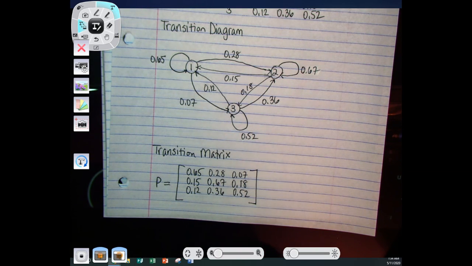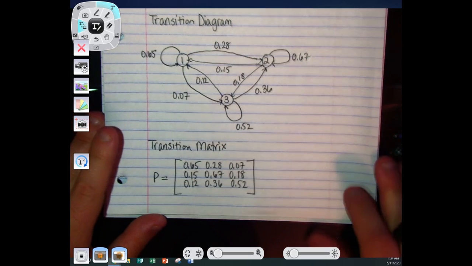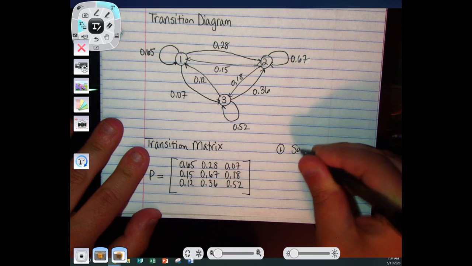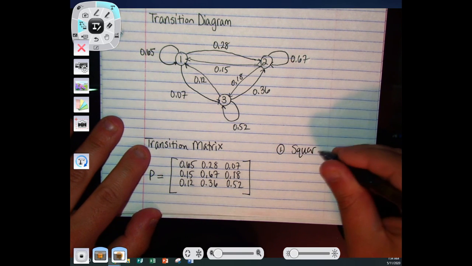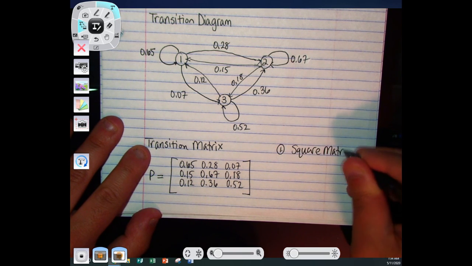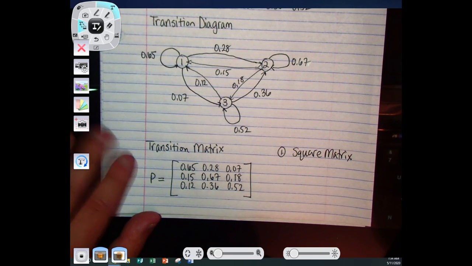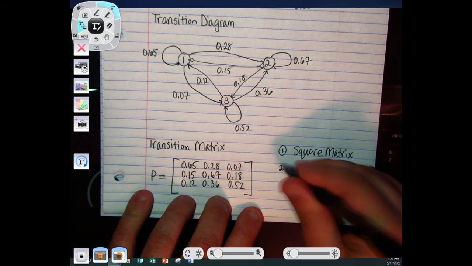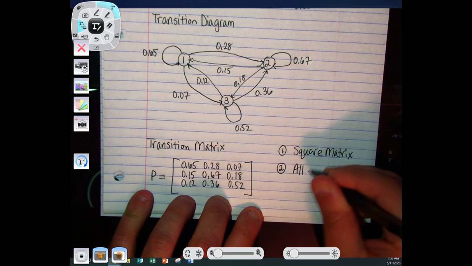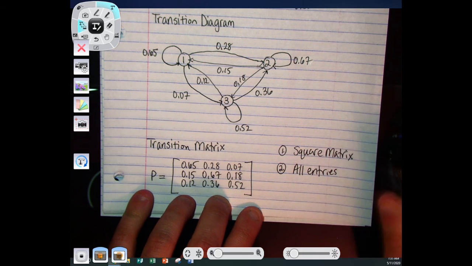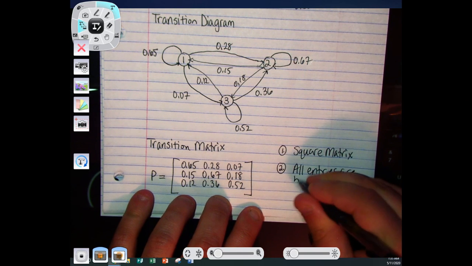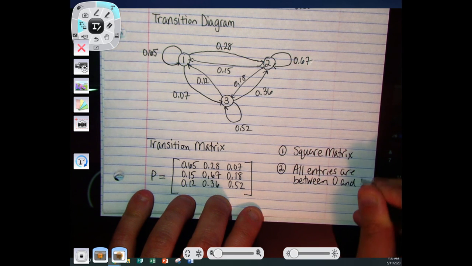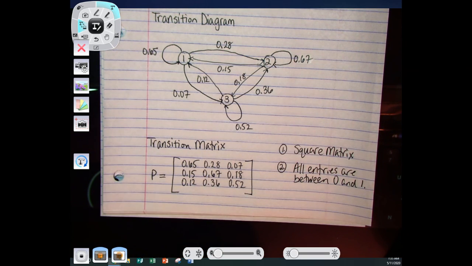Now, there are 3 ideas that come about from this transition matrix. One, it's a square matrix. Remember, a square matrix is where the number of rows and the number of columns are the same. Two, all entries are between 0 and 1. Again, it goes back to the idea of probability. All probabilities are between 0 and 1.